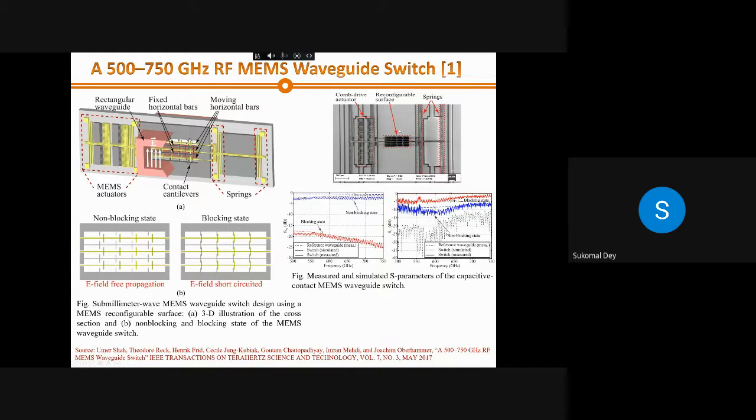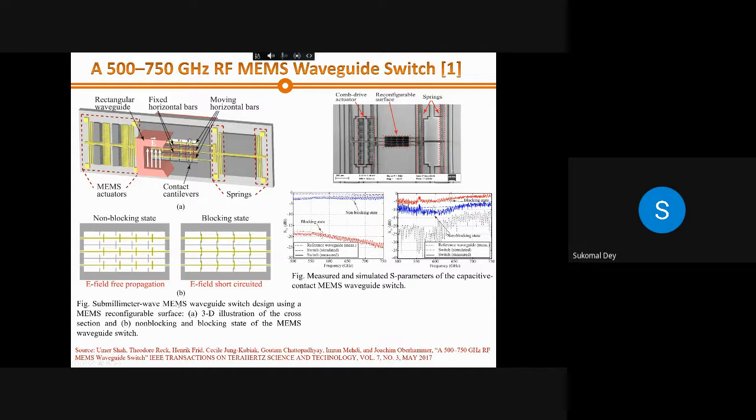If you consider they are making a rectangular waveguide, they are trying to activate the TE10 mode of operation. That is the dominant mode. Whenever there is no actuation voltage, signals are propagating very nicely through this waveguide. Whenever you would like to block the signal, you connect this arm. It is like a string.